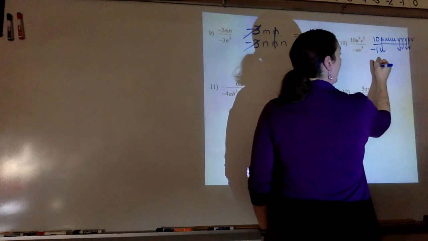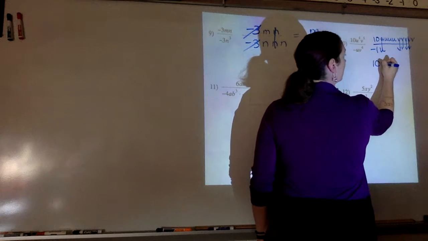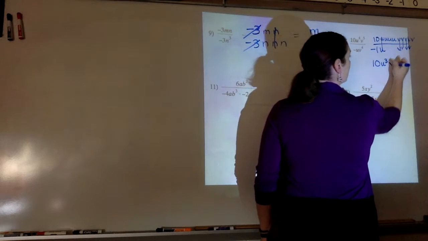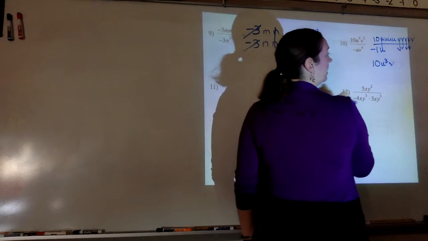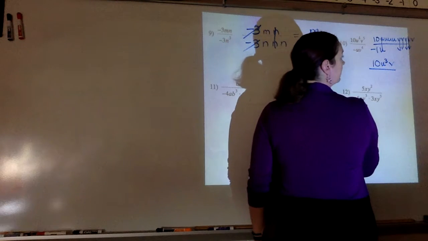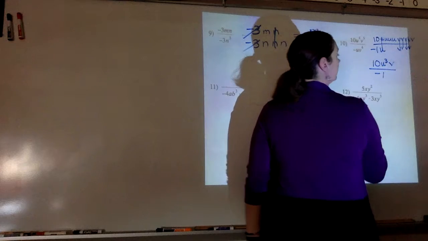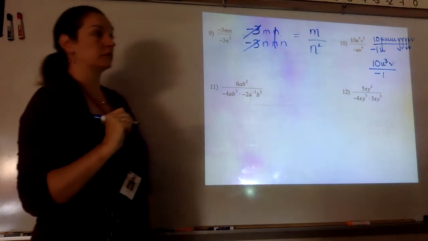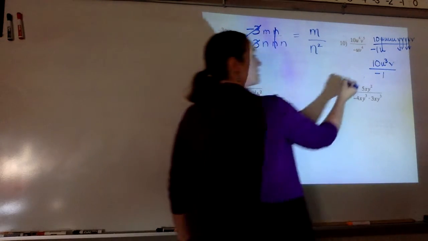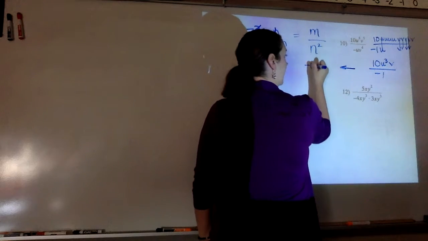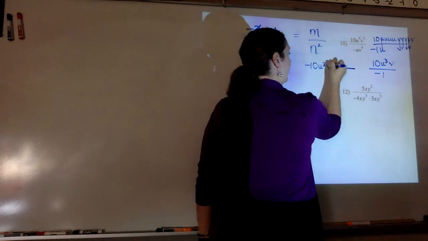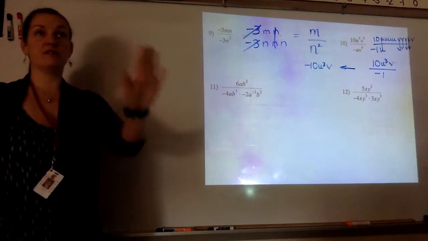A 10 and how many U's? 3. How many B's? 2. 1. What's in the bottom? -1. Okay. We also could write this just as -10 U to the 3rd V. You don't have to, but you can.